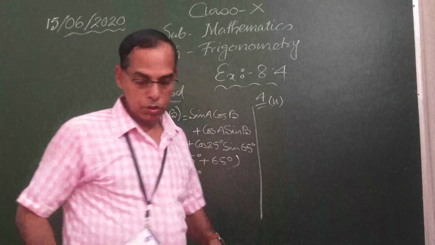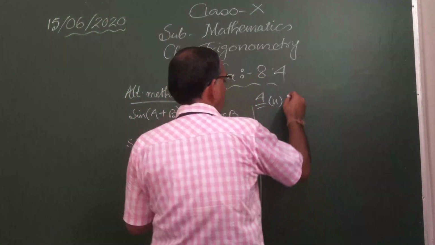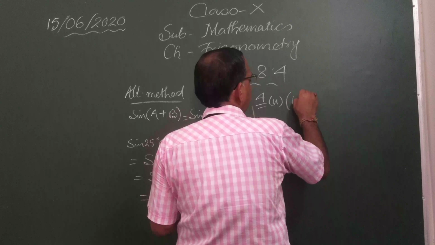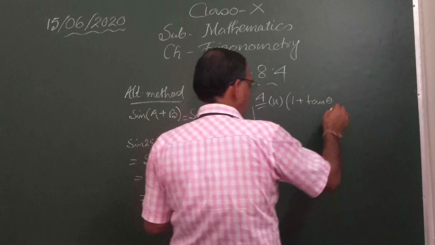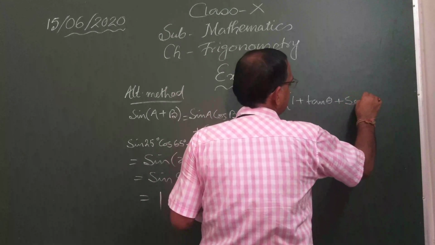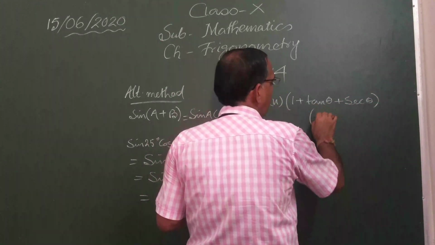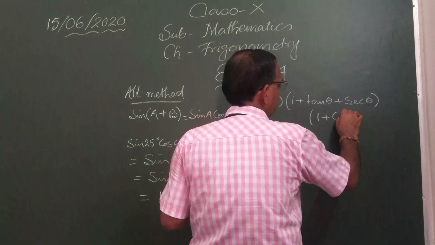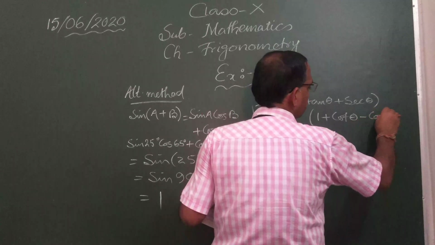What is that? (1 + tan θ + sec θ)(1 + cot θ − cosec θ).